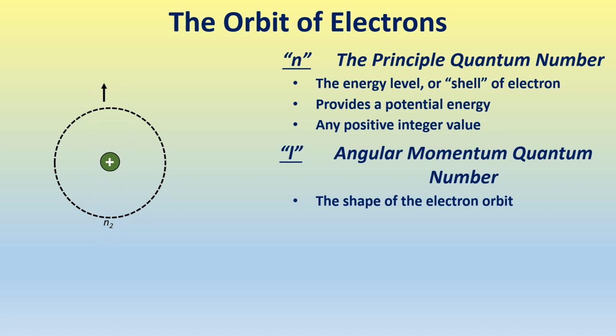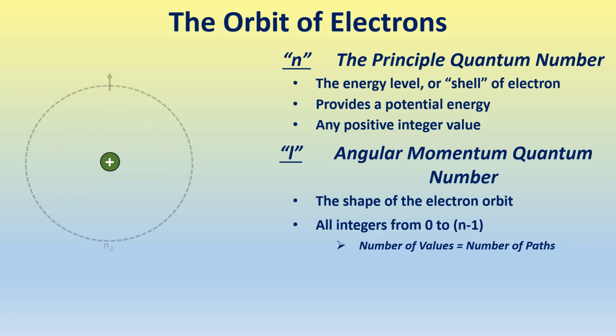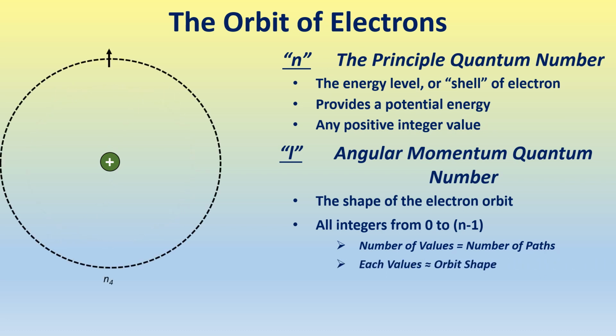In addition to a round pathway or a circular pathway, you can do a figure-8 loop, which is why l can have any integer value from 0 up to n-1, where the number of values that one develops equals the number of pathways available. So you could travel in a circle, or in a figure-8, or in a loop, or any more complicated shape. These shapes are called the orbitals.